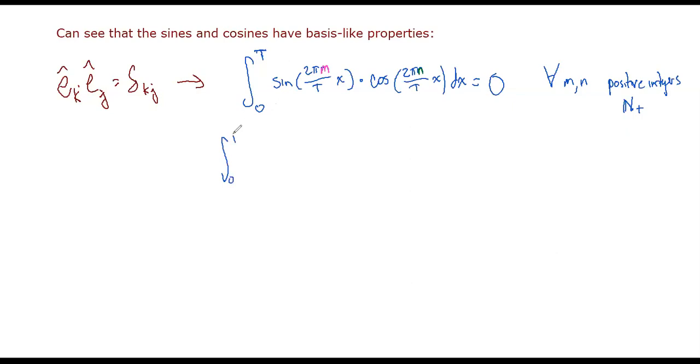The next thing I should check, and the thing that is a little bit funky, is that we have 2 different functions, sines and cosines. And by the end of next week, we're going to get rid of that too. So now I have sine 2 pi m over T x times sine 2 pi n over T x, dx. Okay, so what would you like this to be? This one's not necessarily obvious.